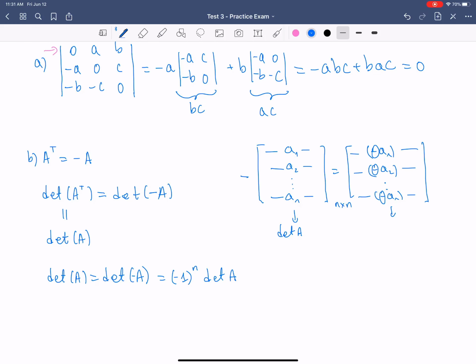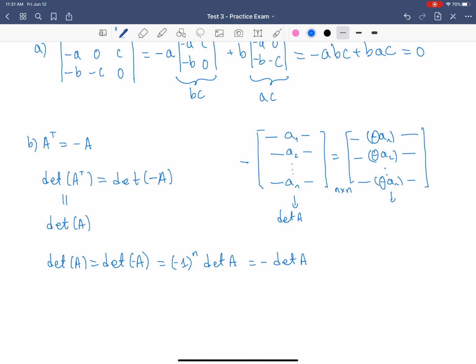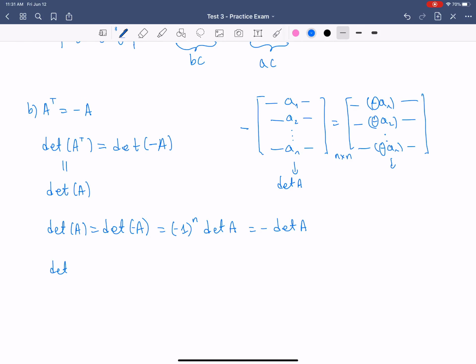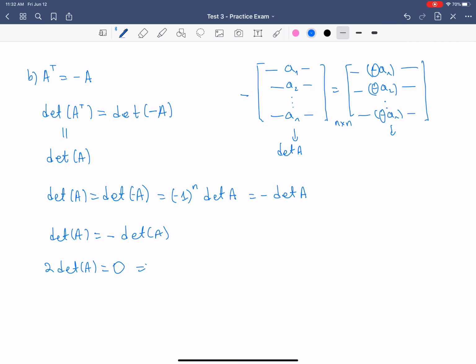Now if n is odd, minus 1 to an odd number is negative 1. So I have minus the determinant of A, right? So what have I proven? I've proven that the determinant of A is minus the determinant of A. If I put these two things on the same side, I get 2 times the determinant of A is 0. That implies that the determinant of A must be 0.